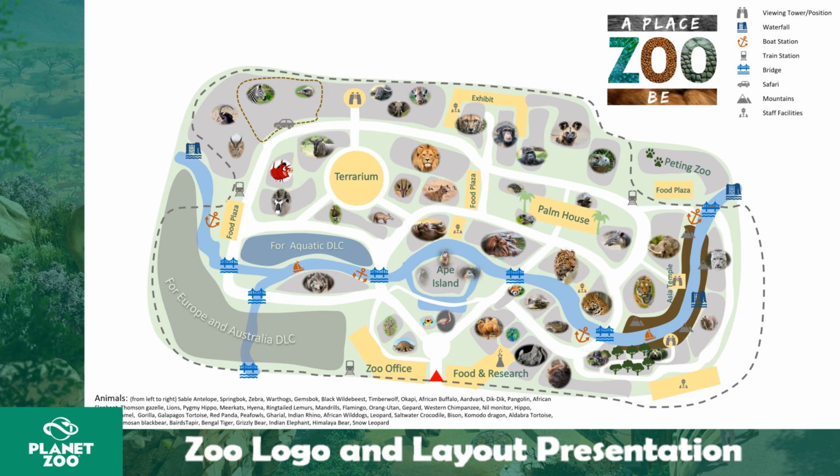But it really seems we will not get them at launch, and I think we will get them with another DLC. However, I already planned a little small habitat over there, next to the flamingos. So I think, guys, this was more or less the zoo layout presentation that I have for you.